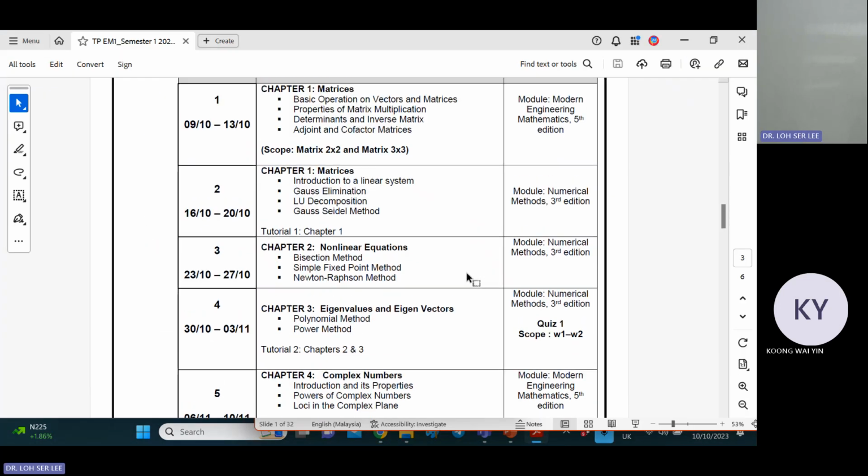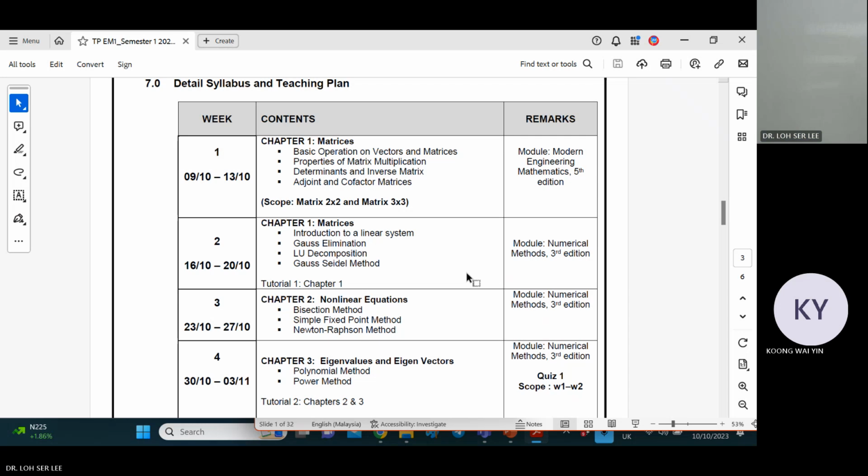Next, we look at the syllabus. Chapter 1 is matrices, and this is also one you can learn before you are here. Basic operations mean the addition, the subtraction, the multiplication of the matrices, and then determinants and inverse matrix. I think you learned this before, the inverse matrix using the adjoint and cofactor matrices.